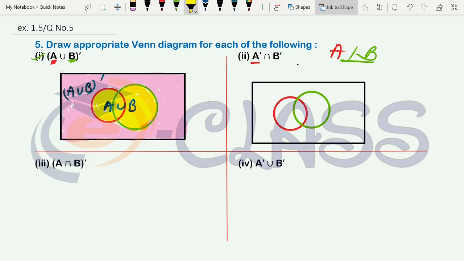The remaining area except A, we denote by the yellow color.